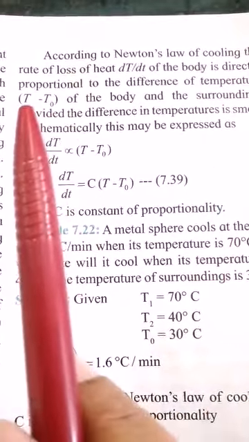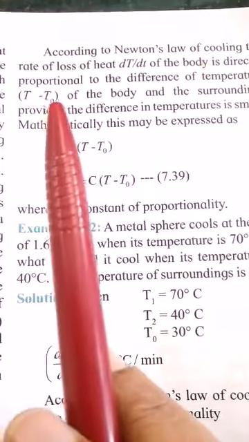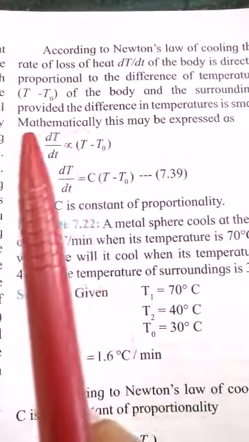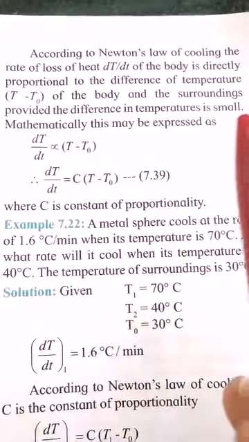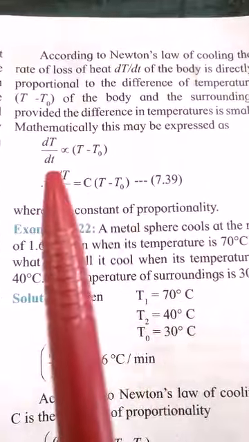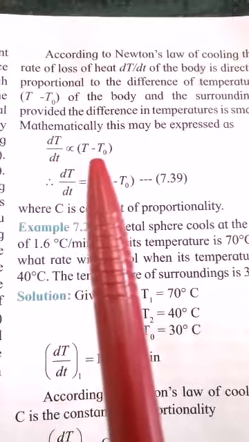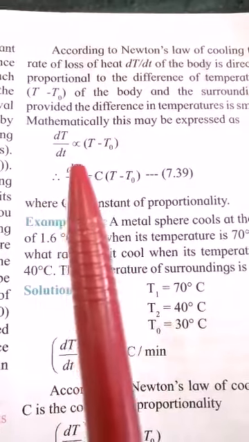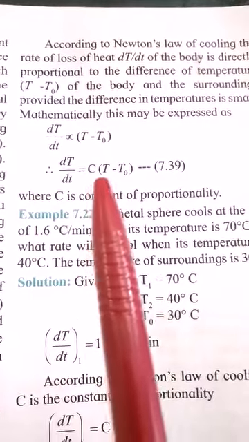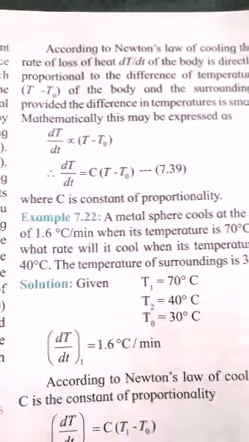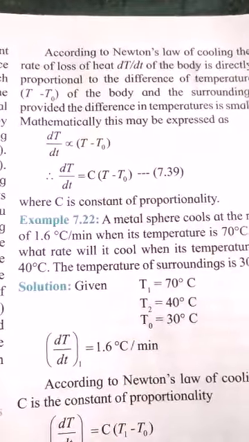Here T is the temperature of the body and T naught is the temperature of the surroundings, provided the difference in temperatures is small. Mathematically, dT/dt is directly proportional to T minus T naught. Therefore dT/dt equals C times (T minus T naught), where C is a constant of proportionality. So here our chapter is completed.